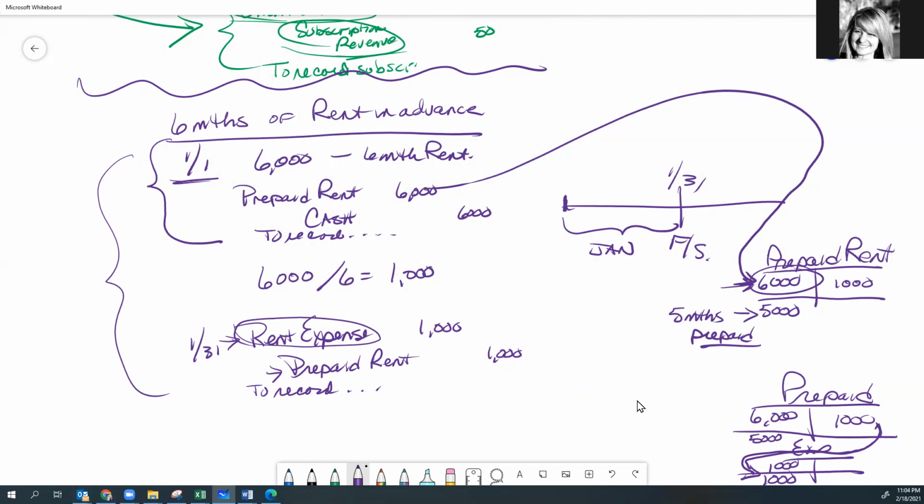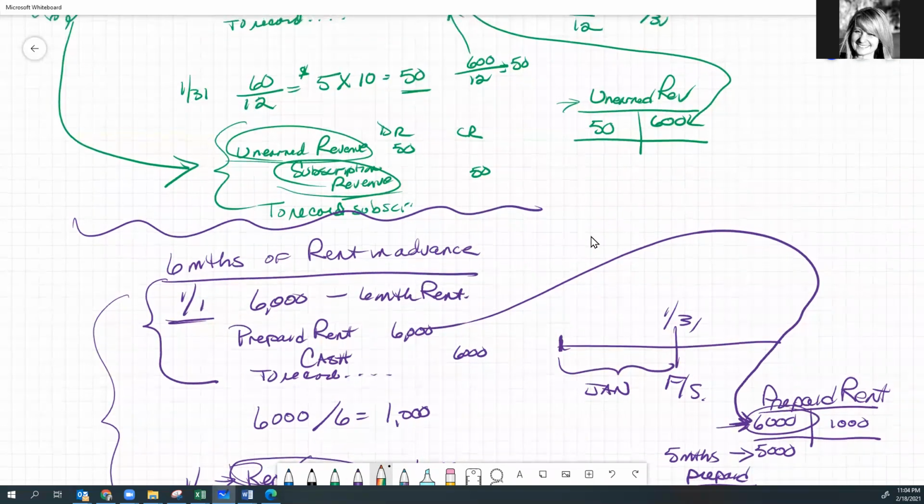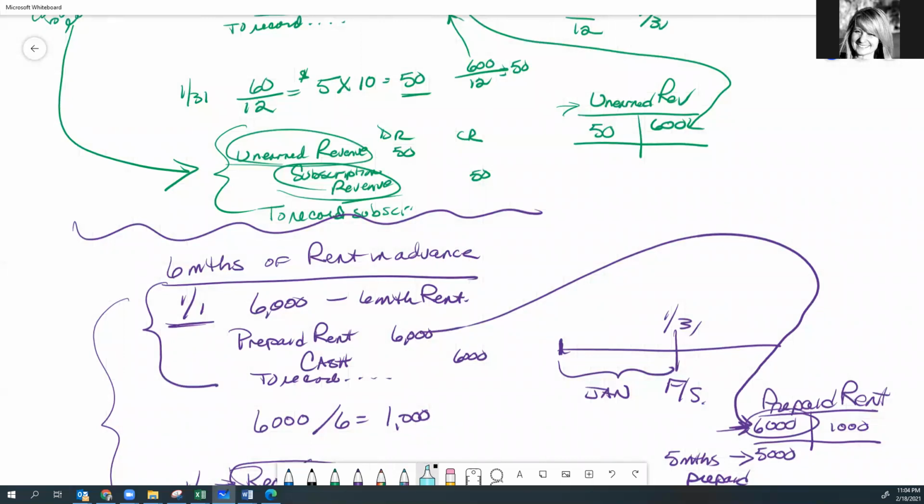Also, really, really super important to recognize. I do not have a red pen here. Isn't that interesting? So I'm going to use just a multicolored pen. Notice, I want you to pay attention to the fact that up here, this was our adjusting journal entry. We debited a liability, made it go down, and we credited a revenue and made it go up. Notice that our unearned revenue is a liability which shows on our balance sheet.